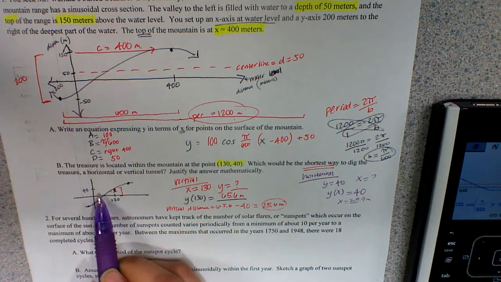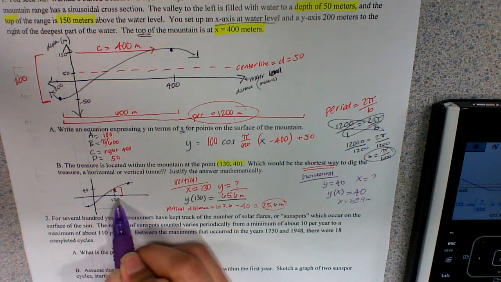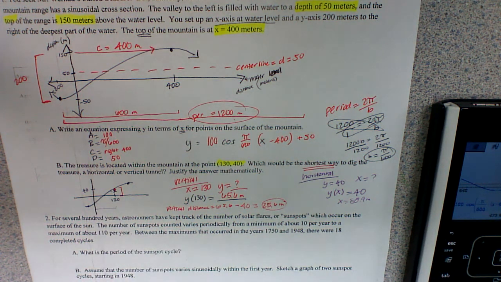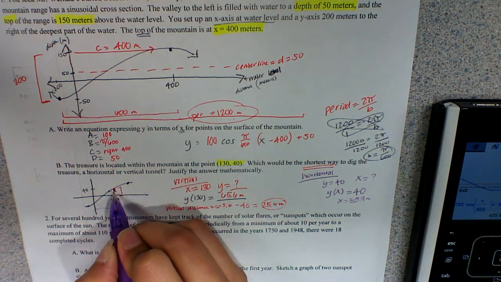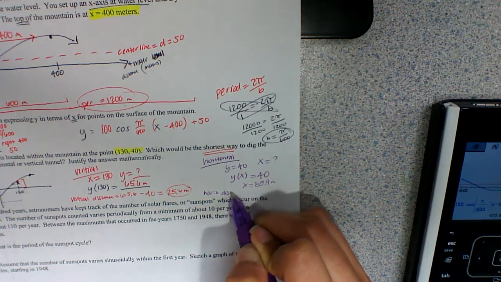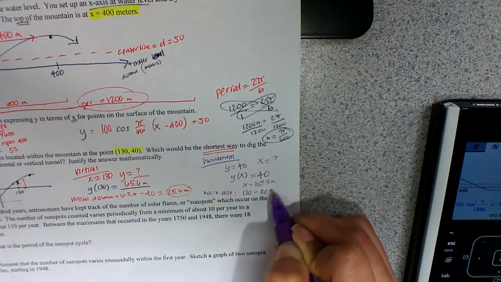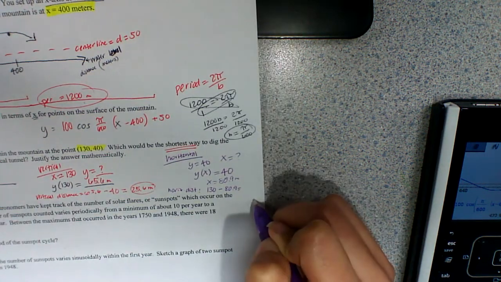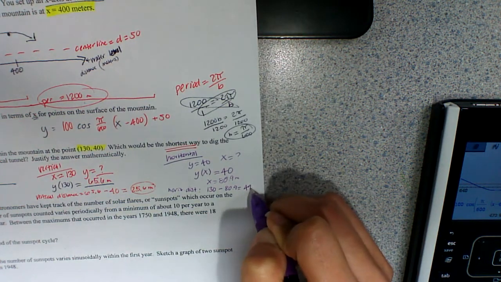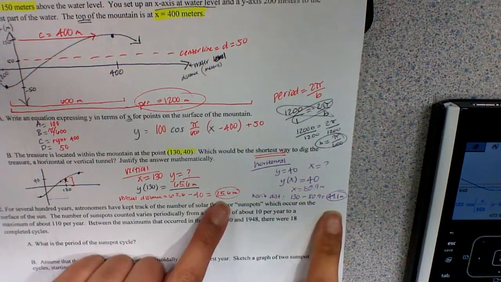Now again, I don't want all of that, because I know that all of this is already given. I just want from the mountain to the X. That's all I want. So the horizontal distance is going to be 130 minus 80.9 to give us 49.1 meters.